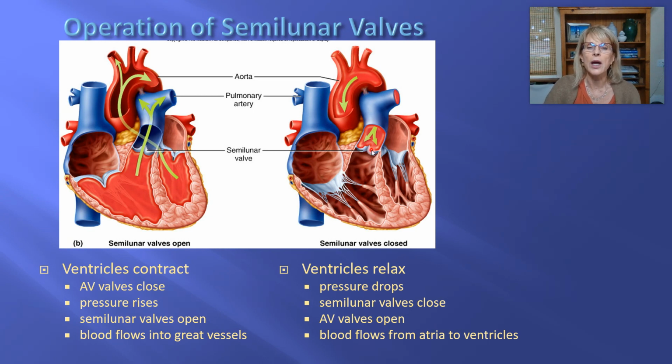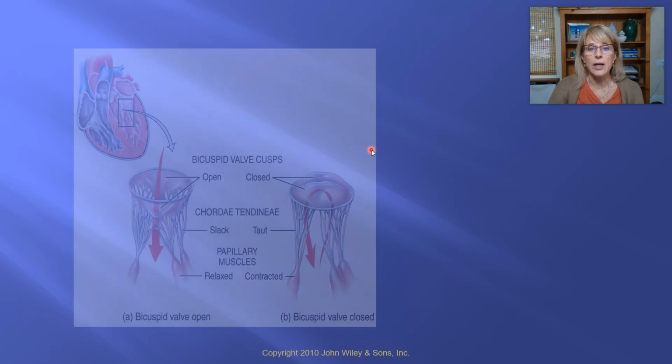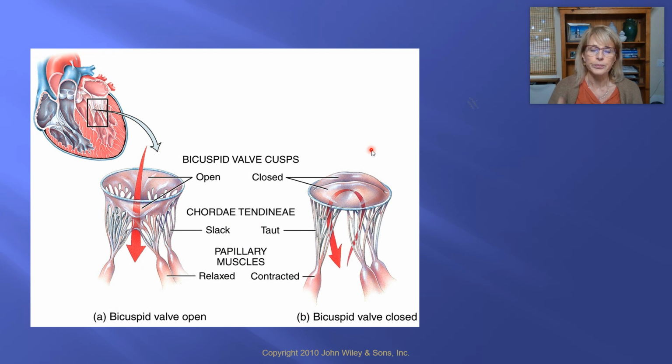Because the valves are designed so that they are not allowed to swing both ways, right? As one-way doors, they go this way, and then they go shut. This way, and then shut. They're not designed to go this way and then that way. They don't do both ways. They're one-way doors.